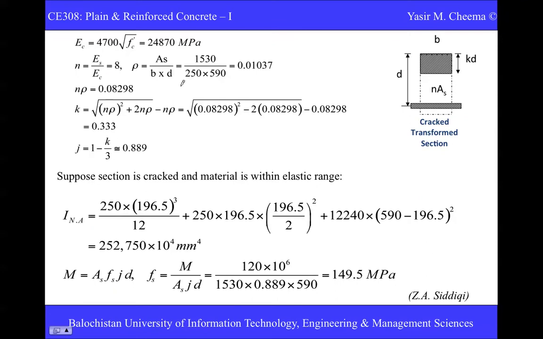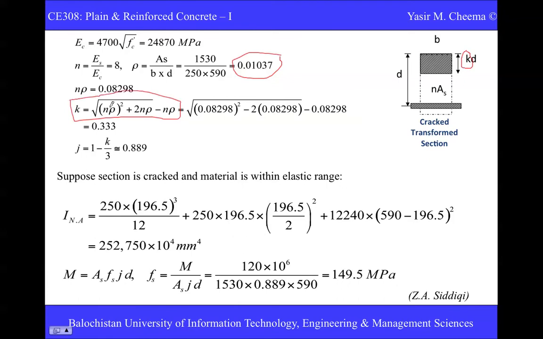So here we find the steel ratio. Simply calculate this one. For n times rho, we are going to find out this value of k. If you remember in the previous lectures, we derived a formula for k. So that formula is here that we are going to use now.